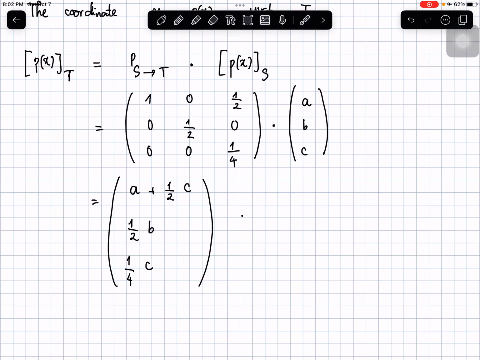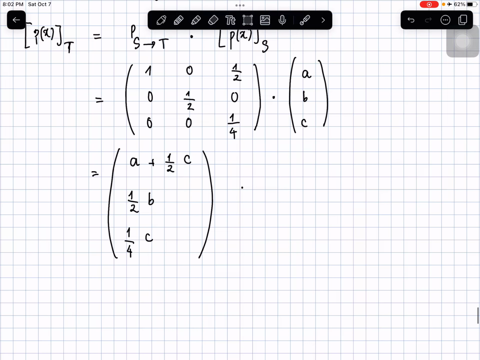And then we can write down p(x) as a linear combination.